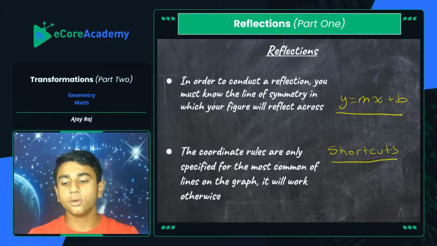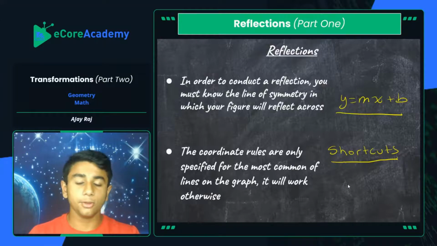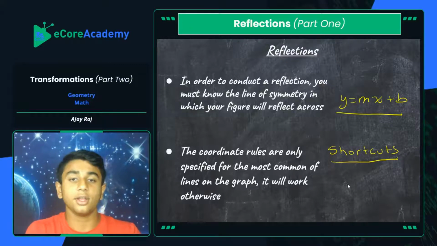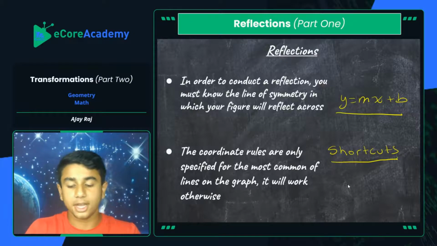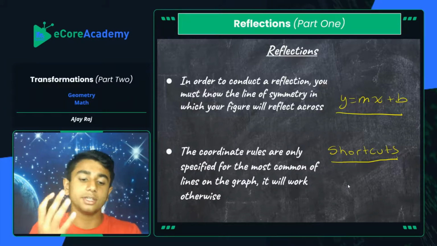And all that's showing here is that you don't necessarily need to use these shortcuts to actually conduct a reflection. For a rotation, you must use those rotation rules to do any type of rotation. You can only rotate it in increments of 90. But for reflections, you don't necessarily need to.